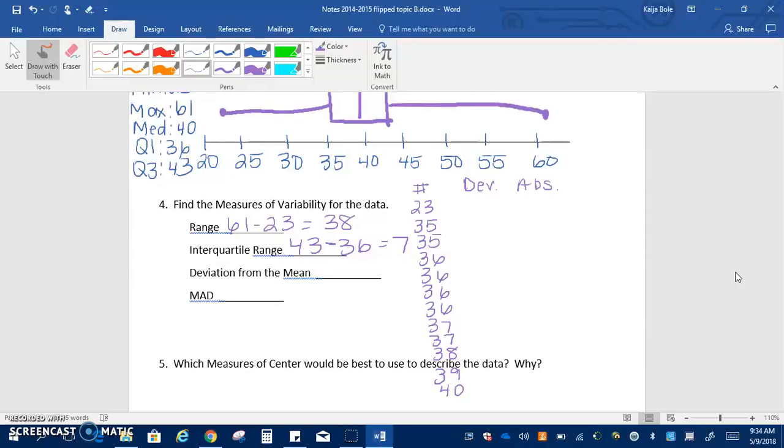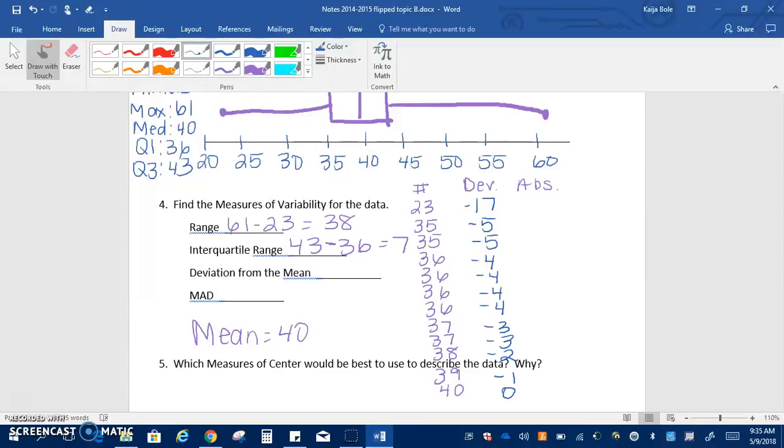Now if we do the deviations, remember our mean from the other page was 40. So 40 minus 23, this would be negative 17. This would be negative 5, negative 5, negative 4 for all the 36s, negative 3 for the 37s, negative 2 for the 38, negative 1 for the 39, and then a 0 for the 40.